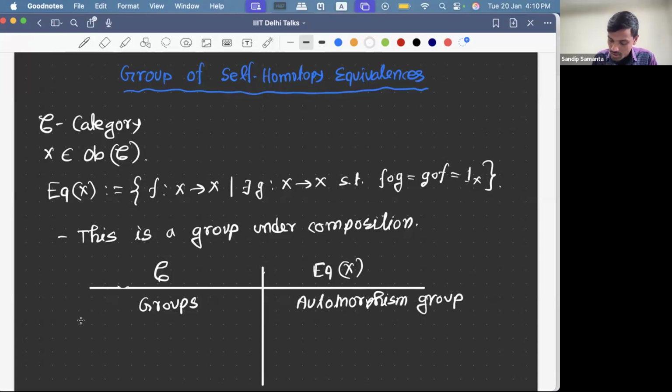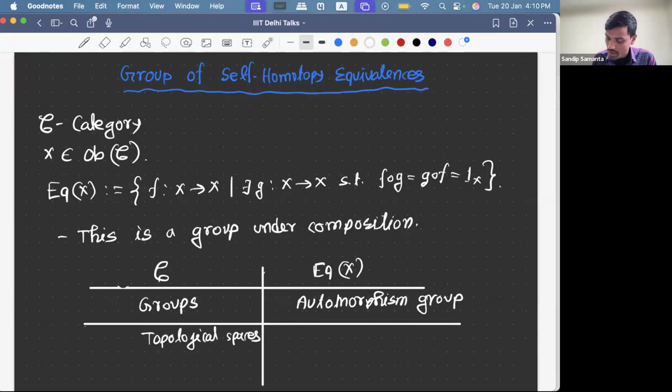Similarly, if we consider the category of topological spaces, where the objects are topological spaces and the morphisms are continuous maps, then this says that for each continuous map there is an inverse continuous map, which is known to be the homeomorphism group, right? So that gives rise to the homeomorphism group of the particular X that we considered.